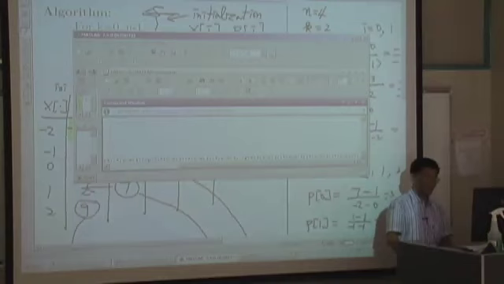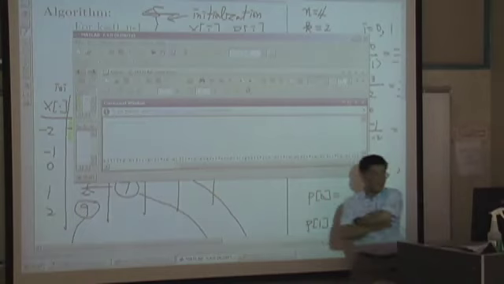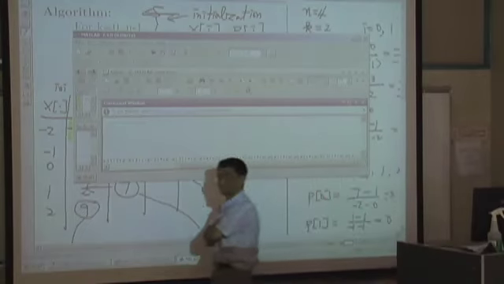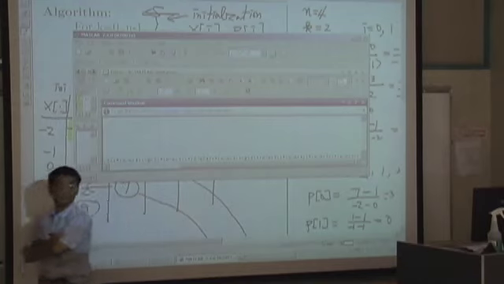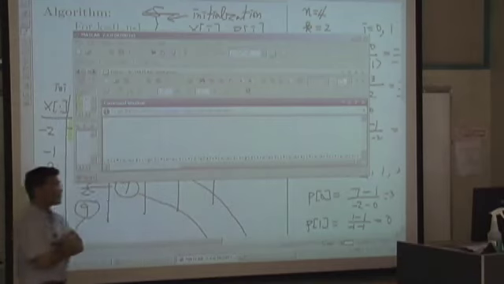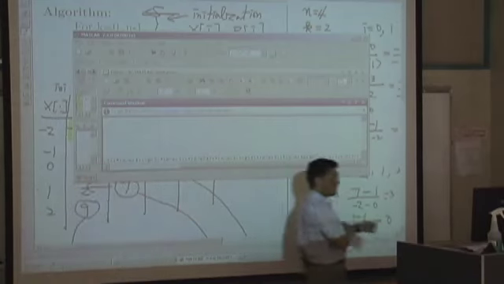P of 5, 4, 3. This is it, right? So one less number should be used. Then done, right?